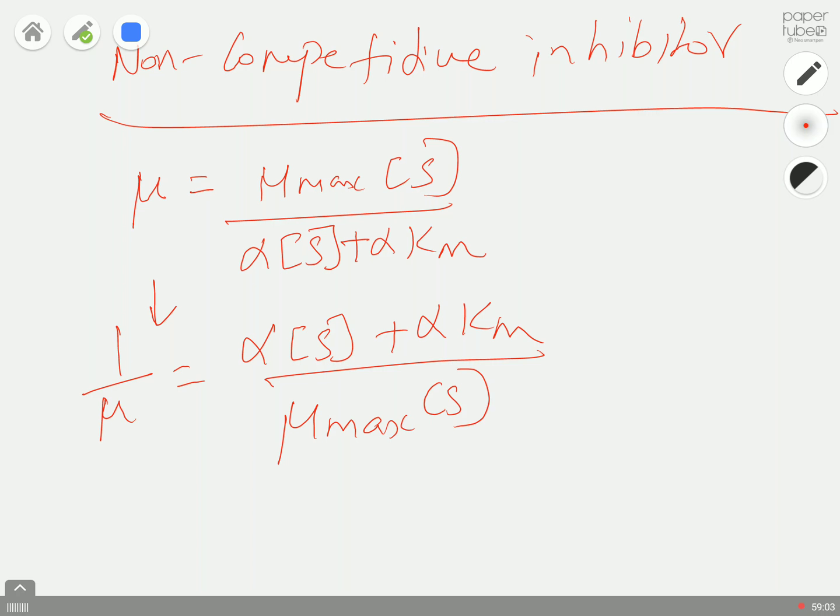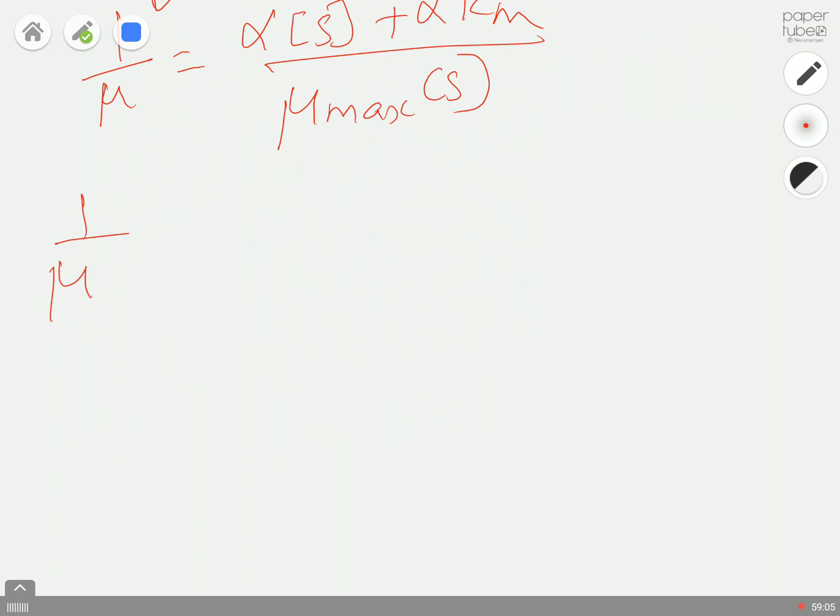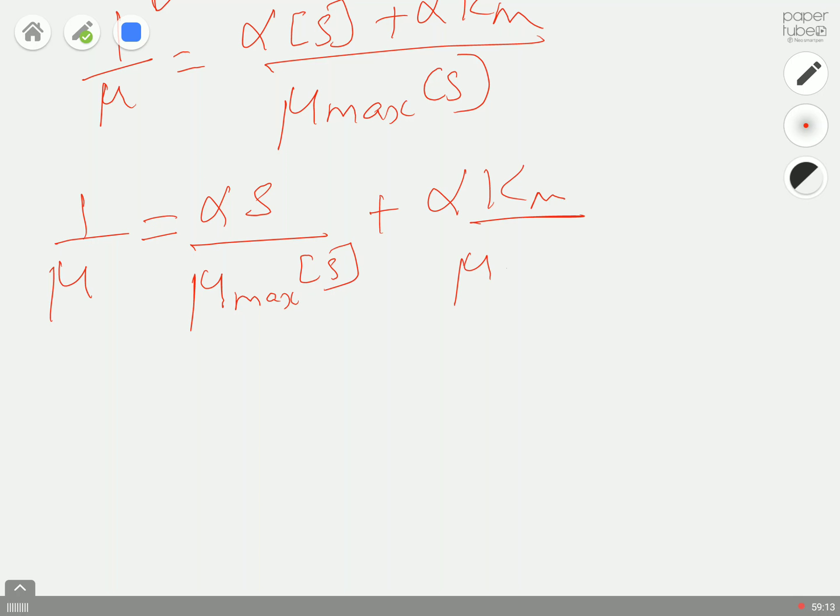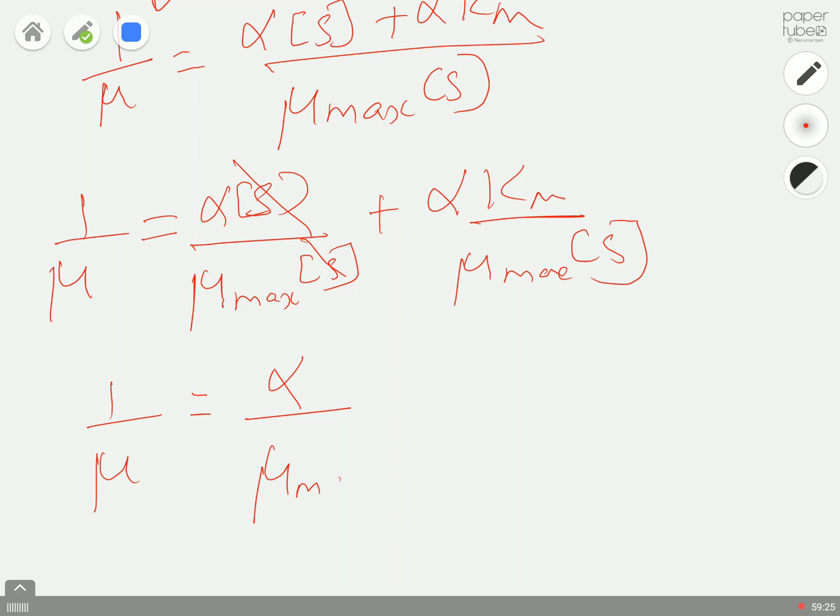Mu max multiplied by x. So you can expand this one. This one is a bit more complex. So the substrate gets cancelled, and you will end up with an expression like mu max plus alpha Km by mu max into 1 by your substrate concentration.